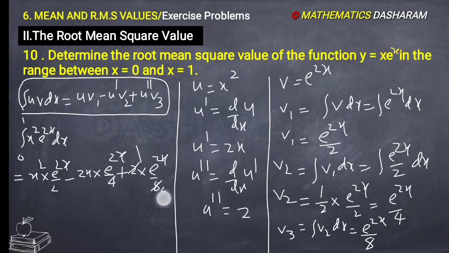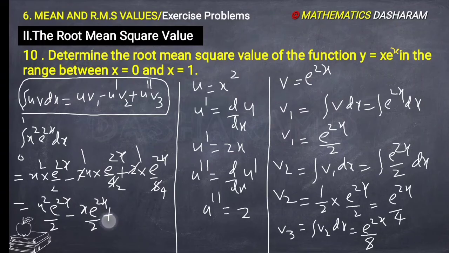Simplifying, we get x square into e power 2x divided by 2 minus x into e power 2x divided by 2 plus e power 2x divided by 4.